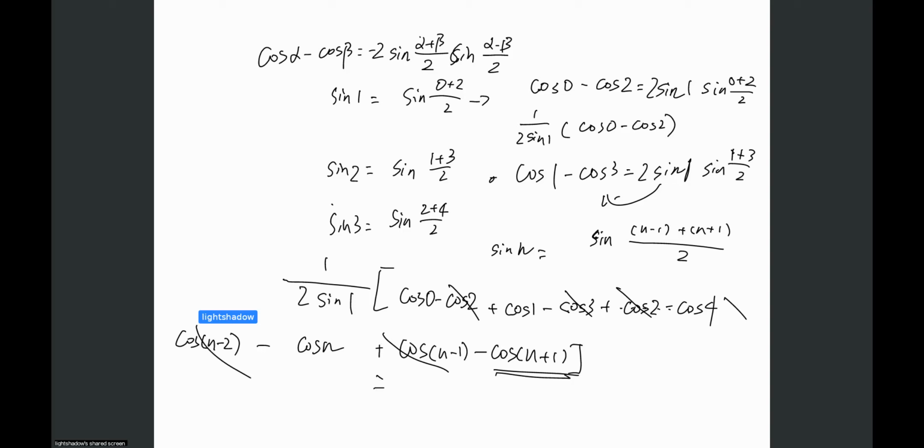So it's something like 1 over 2 times 1 over sine 1, which is cosecant 1, times 1 plus cosine 1 minus cosine n minus cosine n plus 1. Yeah, something like this.